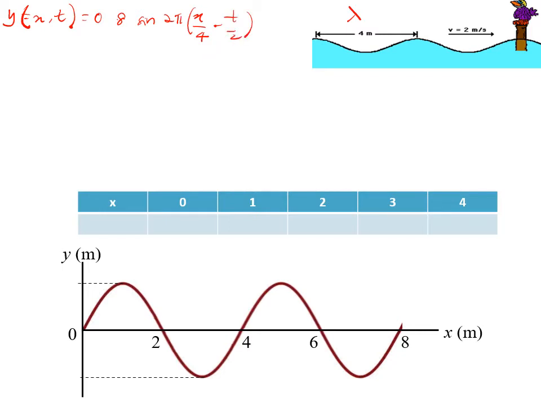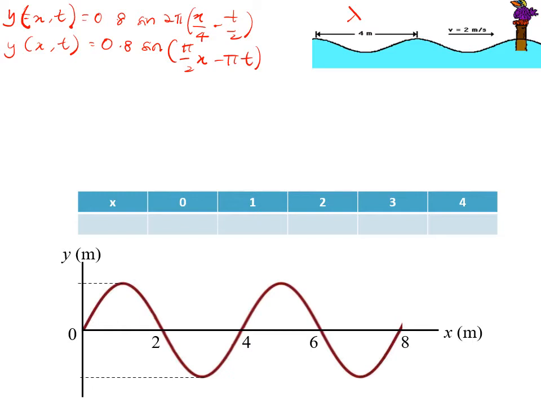Expanded, it becomes y in terms of x and t equal to 0.8 sine (pi over 2 x minus pi t).